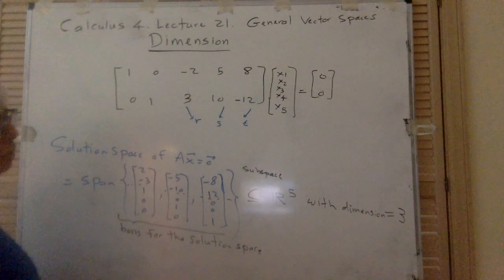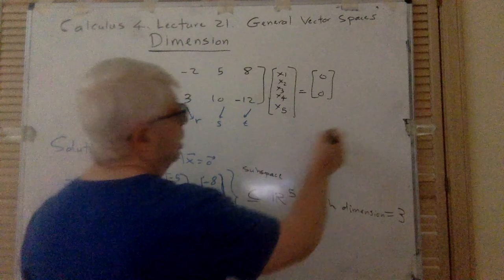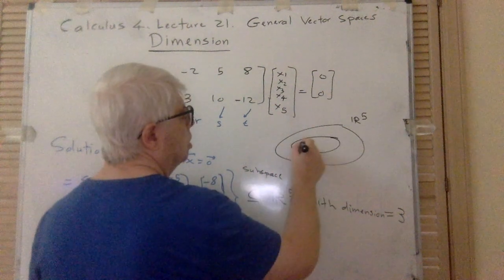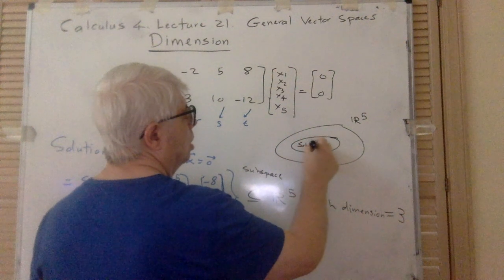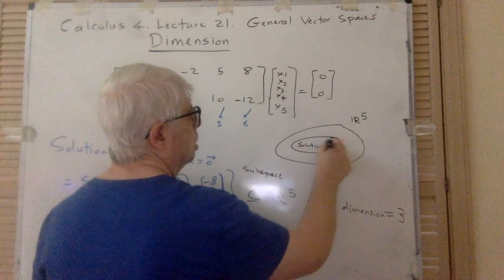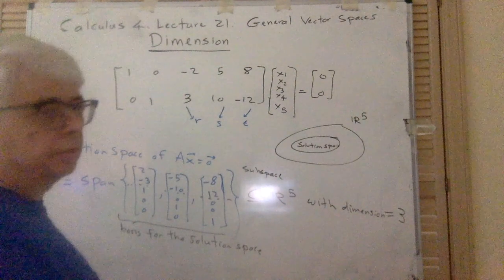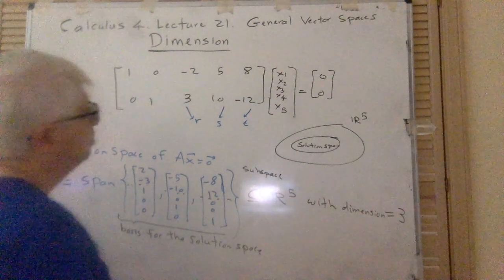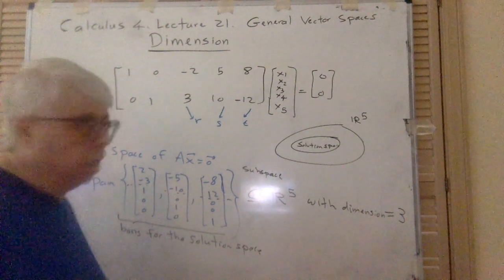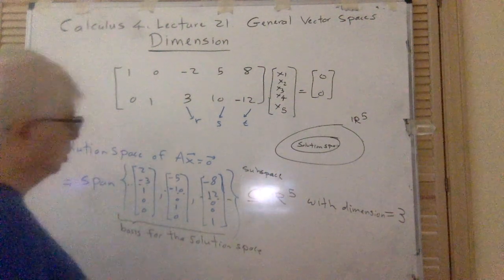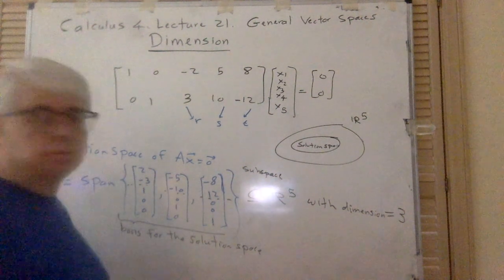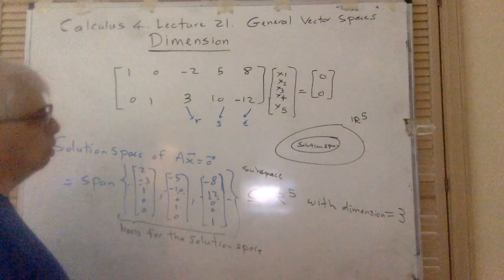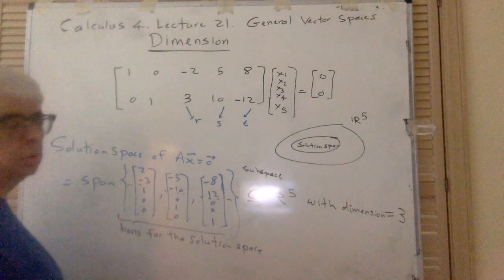Okay? So if this is R5, say, then this is the solution space. That is part of R5. R5 has dimension 5, this has dimension 3. Okay, so that is how you find the dimension of a solution space. And from now on, I prefer to call this the solution space, but sometimes I just call it the solution set.